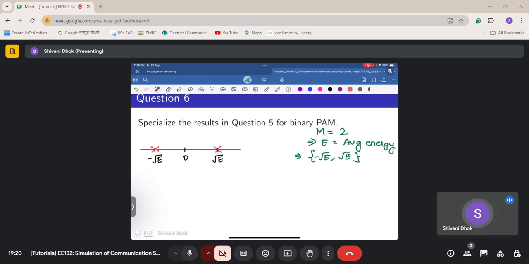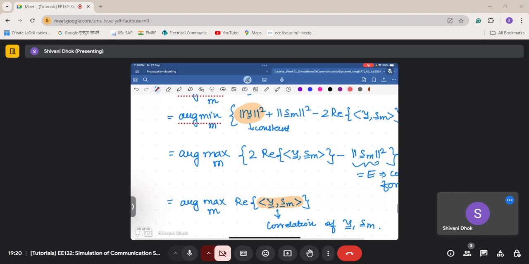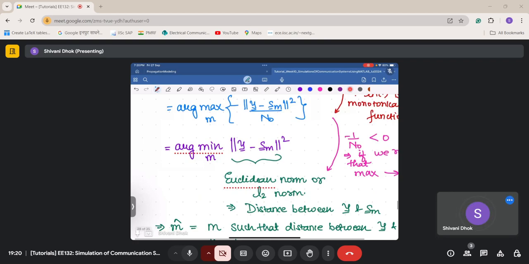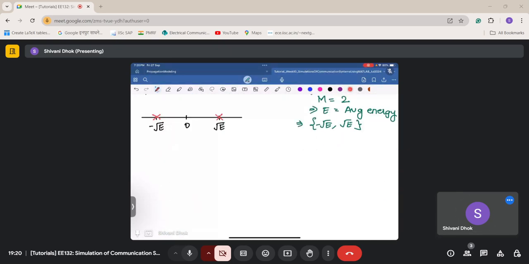So now we need to specialize the results that we have in the previous question. So what was the result that we obtained? So this is the result that we have obtained here, argmin of y minus sm. So let's say this is s1 and this is s2.